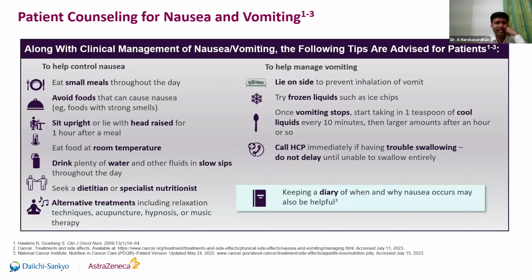Along with the clinical management of nausea and vomiting, we should advise the patient on steps to help control nausea, like eating small meals, avoiding foods that can cause nausea, sitting upright or with the head raised for an hour after a meal, eating food at room temperature, drinking plenty of water, and seeking a dietitian's opinion or any alternative treatment.